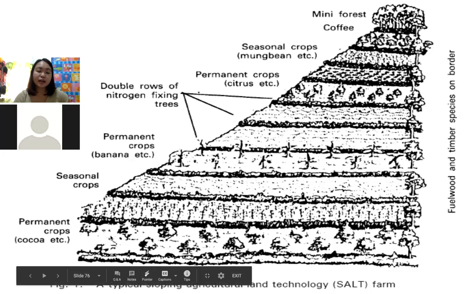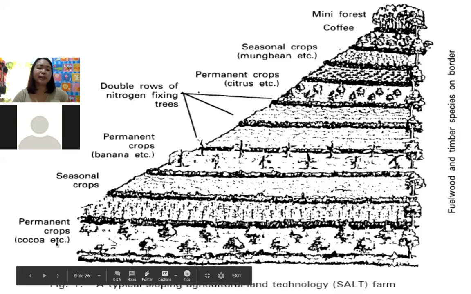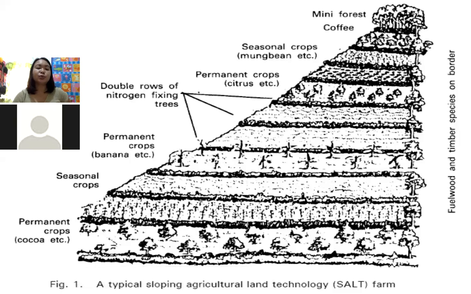So first, on the lower level, you can plant permanent crops like cocoa. Then on the next contour, you can plant seasonal crops, like three-month crops such as vegetables. Next to that contour are permanent crops like banana and double rows of legumes or nitrogen-fixing trees, like madre de cacao.